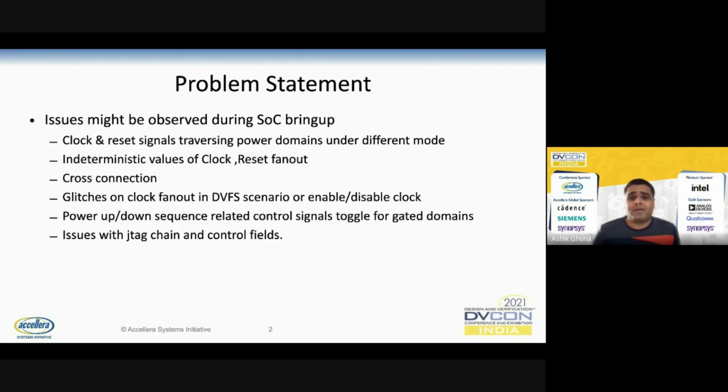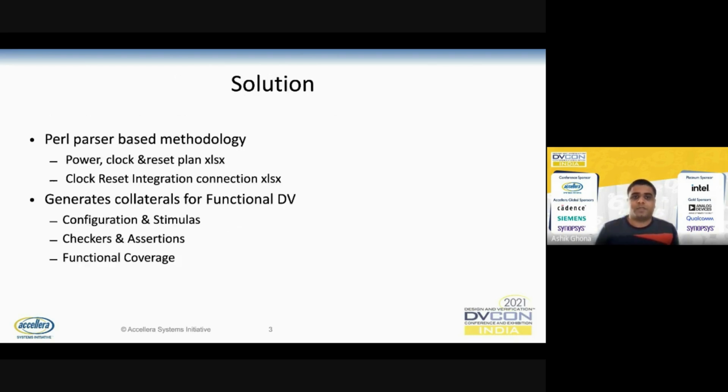For the power up and power down sequence, power related signals like isolation, retention, or power switch control should toggle in the correct order. We might also see issues with respect to the JTAG chain, where different fields should behave properly and provide the correct functionality.